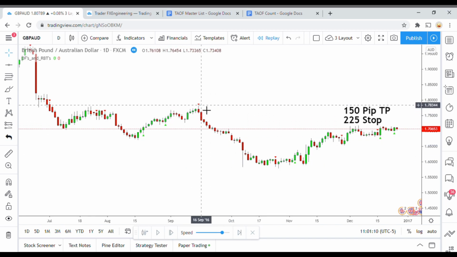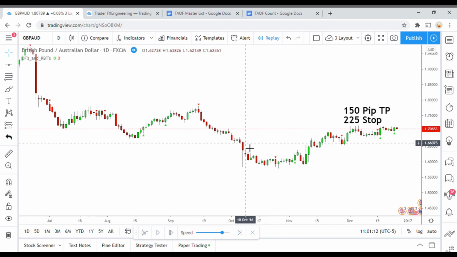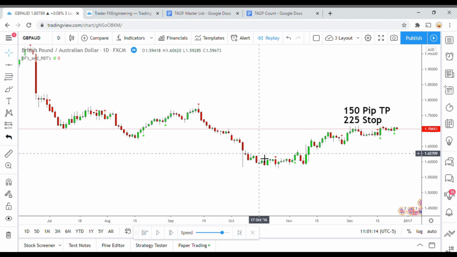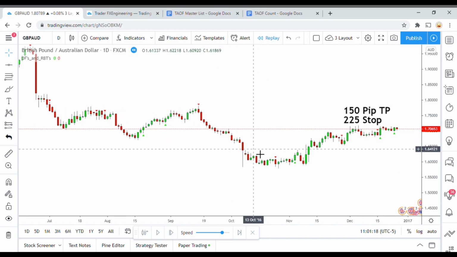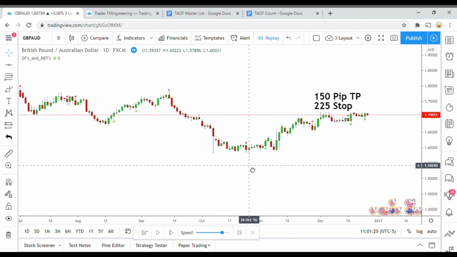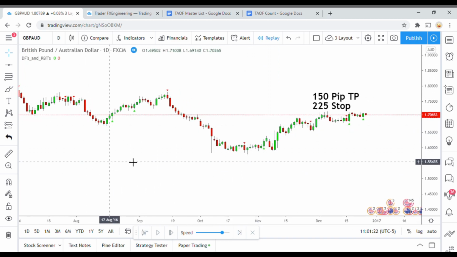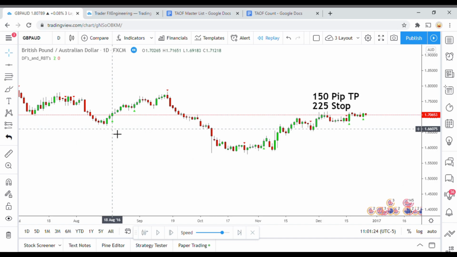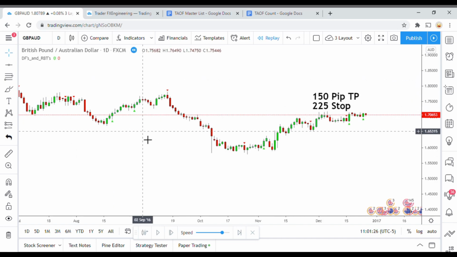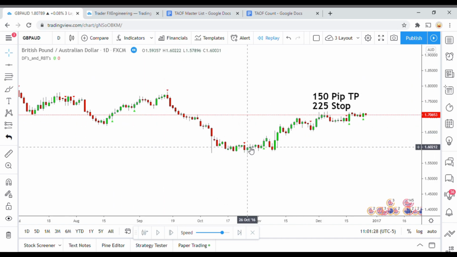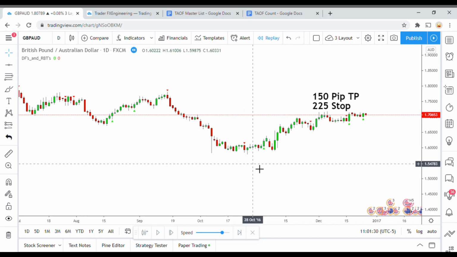In a trend, the first and second, and I think they said third, but we're just going to go with first and second signal, is the most likely to achieve the profitability, is most likely to be successful.